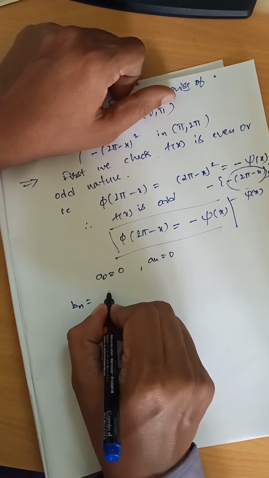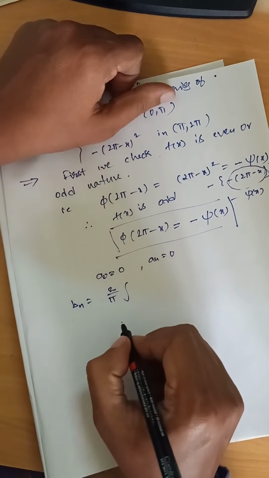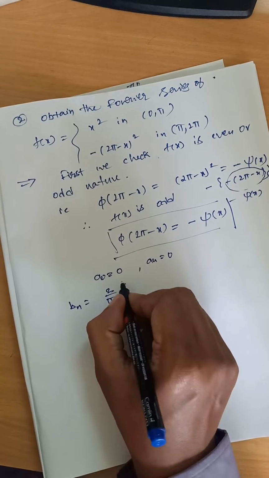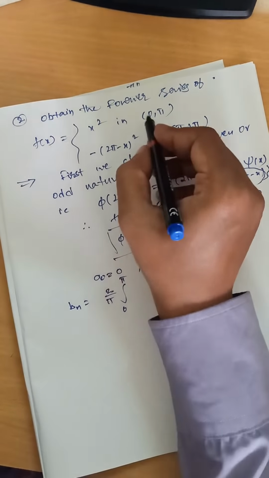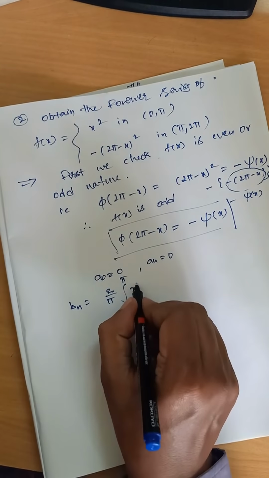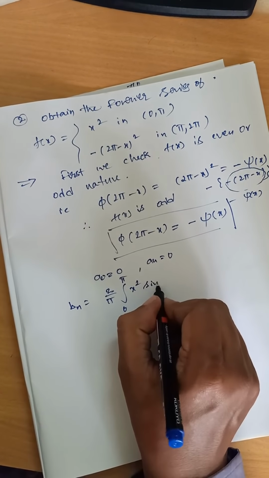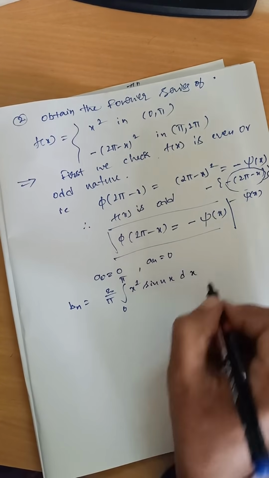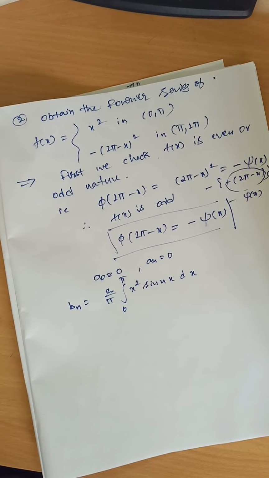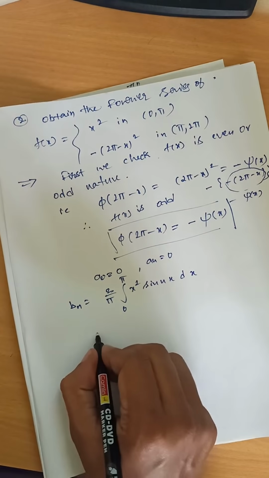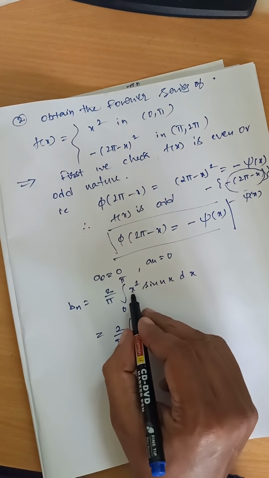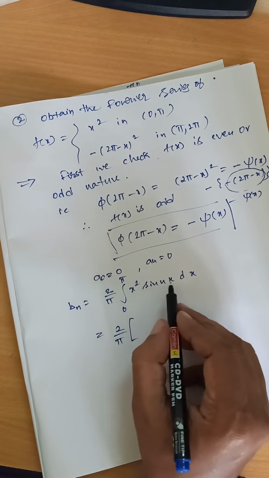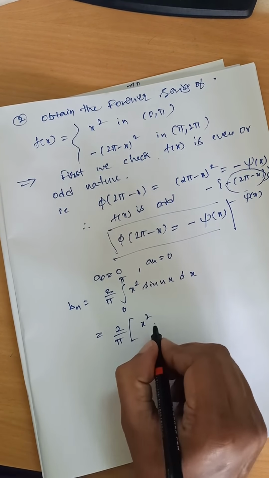We find only bn, that is 2 by pi times integral 0 to pi f of x. We select 0 to pi means we select only x square into sin nx dx. That is equal to 2 by pi. See, Bernoulli's rule of integration by parts. You write first function.